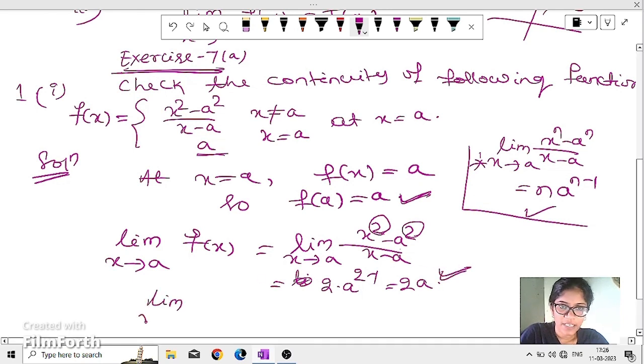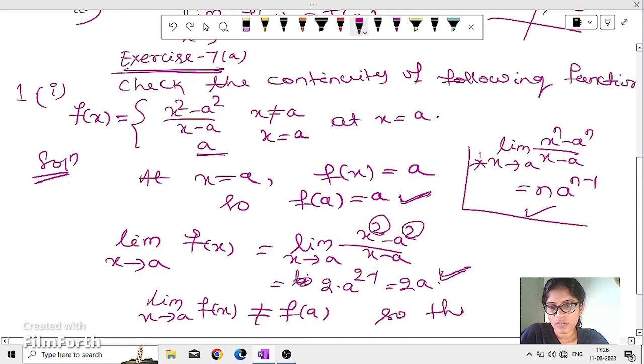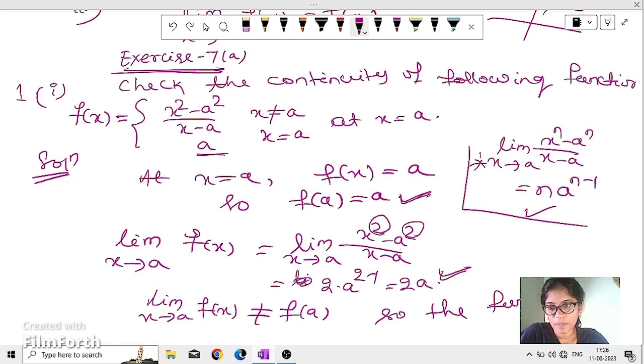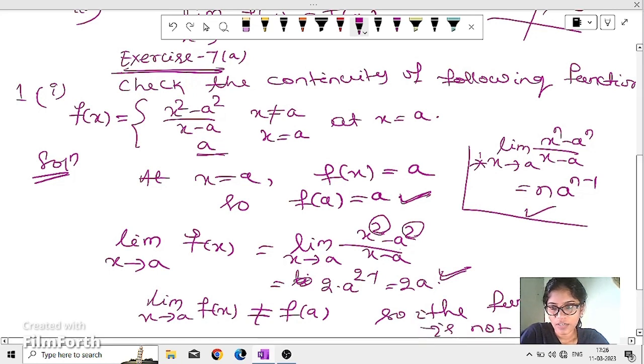Since limit x tends to a f of x is not equal to f of a, the function is discontinuous. So the function is not continuous. Okay, got it?